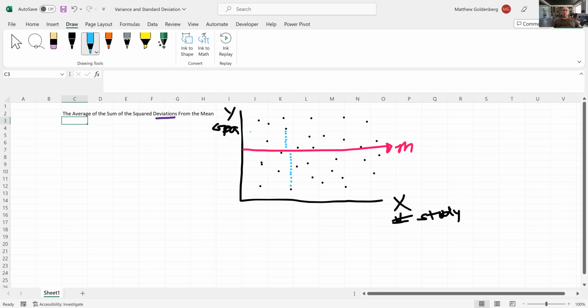And now distance measurements typically have two components. They have one part, which is the magnitude, the overall chunk or size of the distance. And then they have another part, which is the direction of the distance. So direction can be, are you positive distance away from the mean?